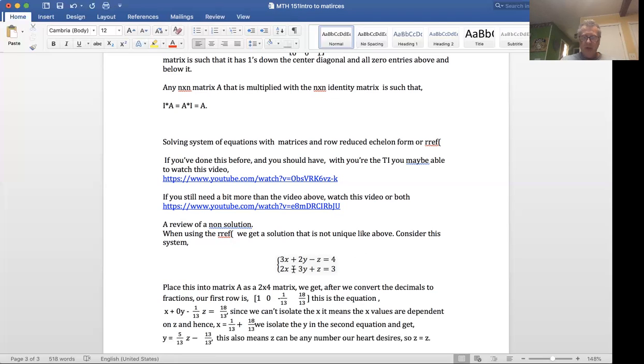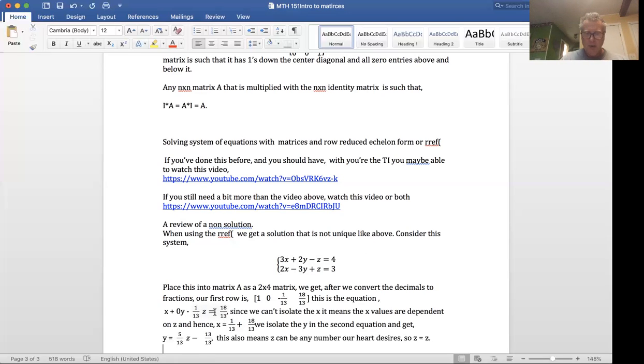When I look at this matrix and I do the RREF, it's a 2 by 4 matrix. And when I go through the process, okay, when I do the RREF, I get this for the first row. So again, what does that mean? That means we have a 1x plus a 0y plus a 113z equals 18/13.